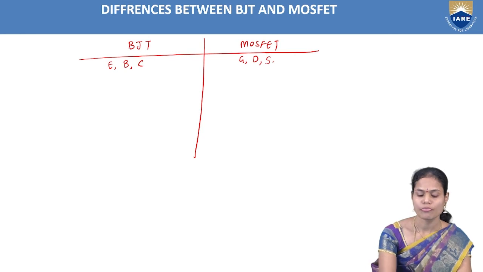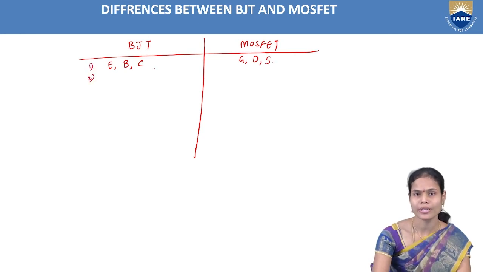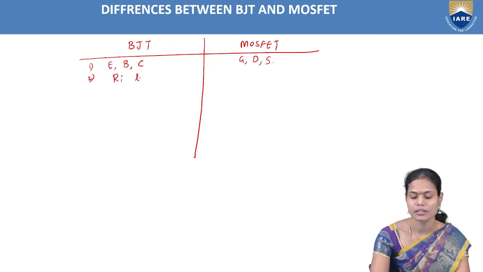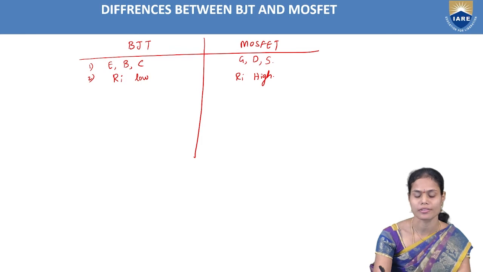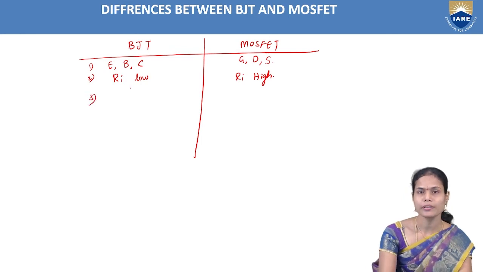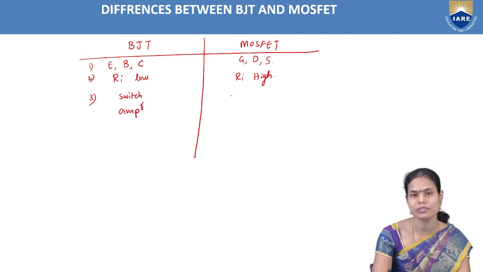If we compare the input impedance, the input impedance of the BJT is low compared to that of the MOSFET. In the middle, JFET has medium input impedance, but MOSFET has the highest input impedance. BJT we can use as a switch as well as an amplifier, and MOSFET also we can use for switching as well as amplification.